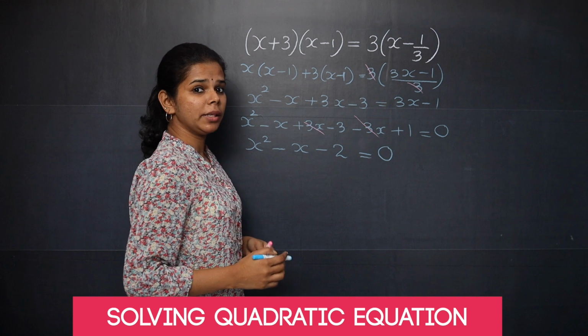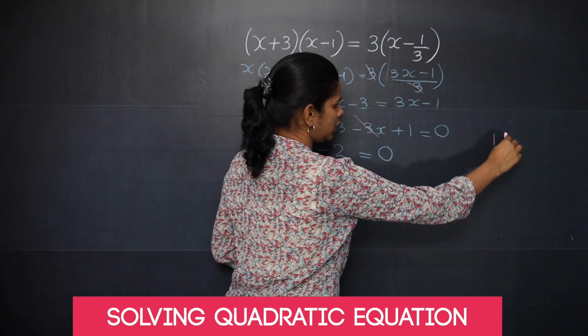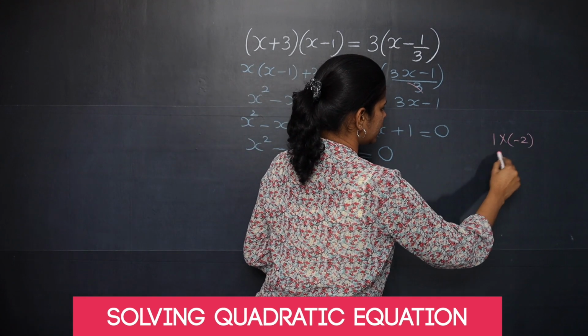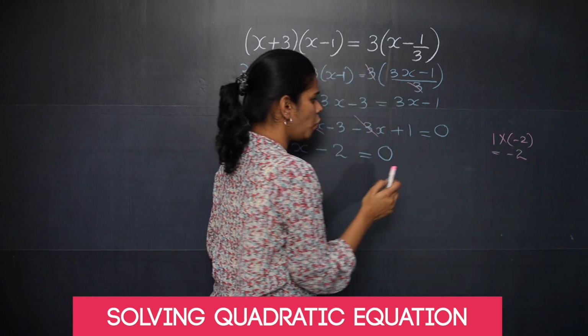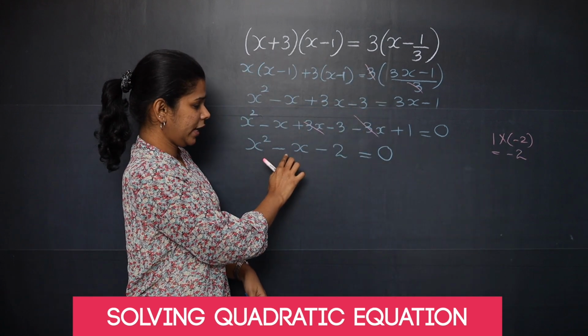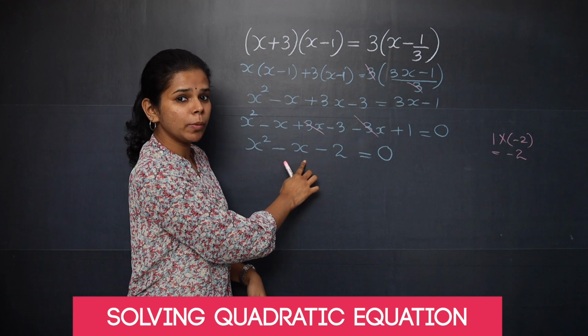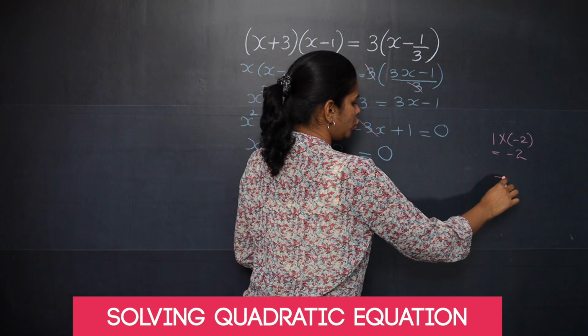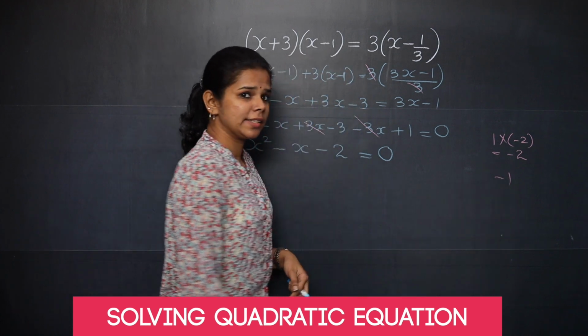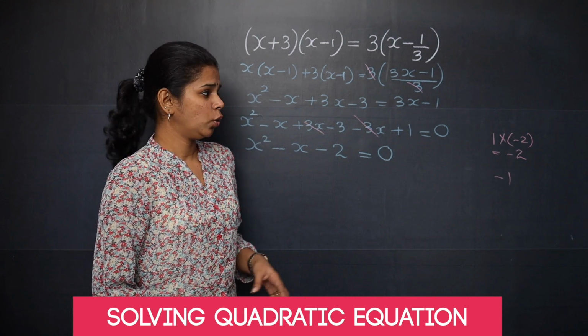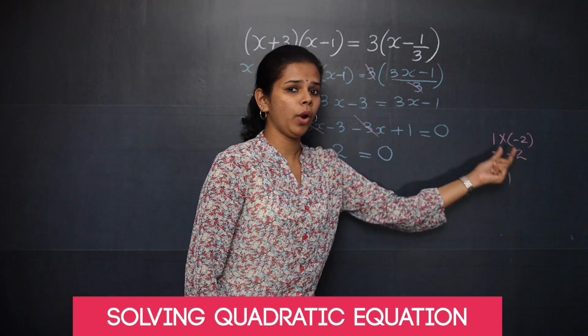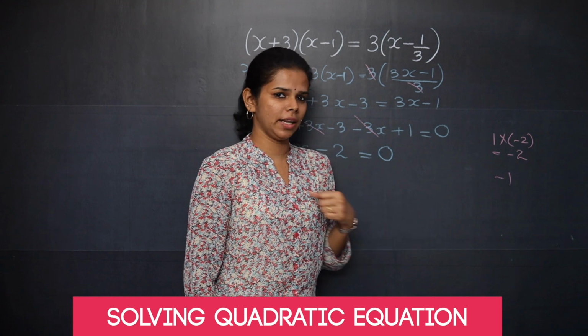Now you need to find the product and the sum. 1 into negative 2, that is negative 2. Now what is the middle term? Negative x, that is, the sum should be negative. So you should find two numbers such that when you multiply those two numbers you get negative 2 and when you add them you get negative 1.